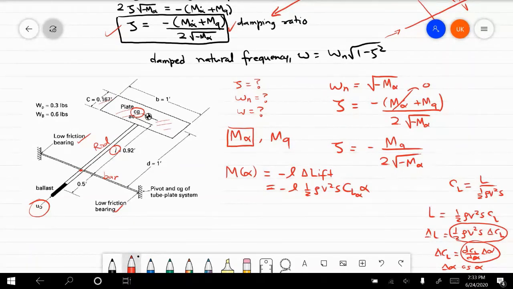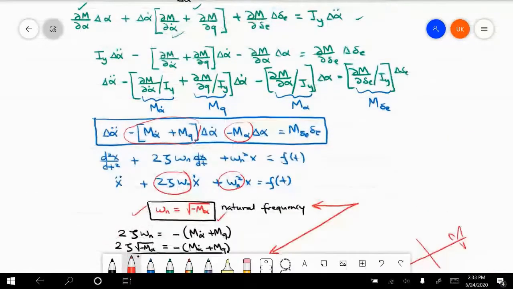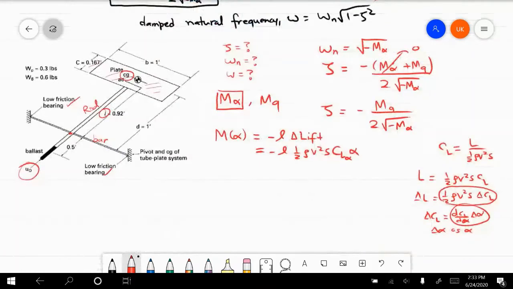All right, I want to know M alpha. But what is this M alpha? Go back. How did we define this? M alpha is dM d alpha divided by Iy. So now I need to find dM d alpha.